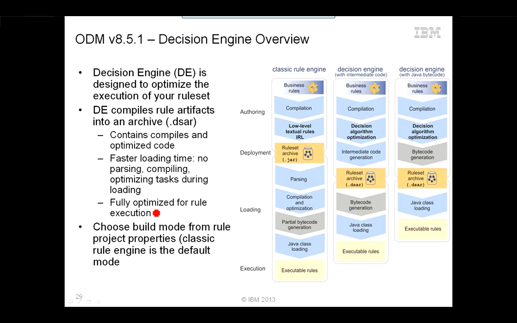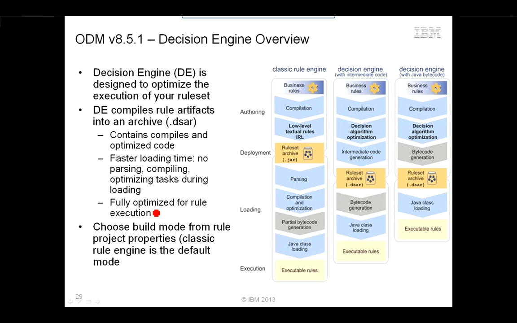But as of today, let me go through this. When you are in Rule Designer, if you right-click on your rule project and select Properties, there is Rule Set Build Mode, and when you go here, you will see Classic Rule Engine and Decision Engine options.